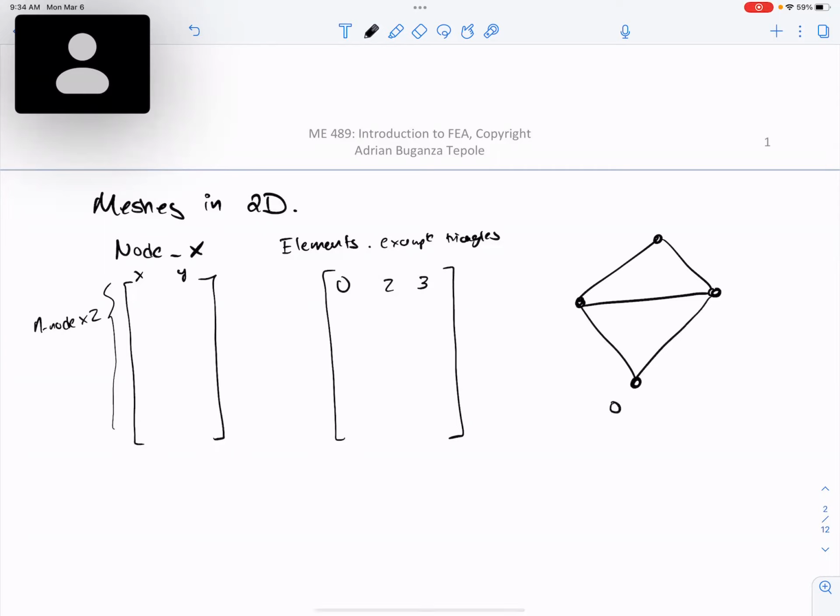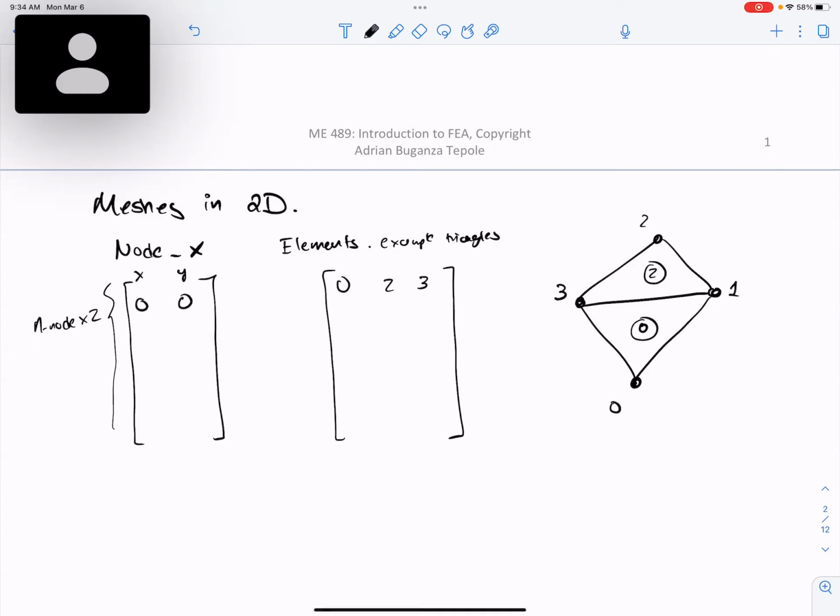Let's say the nodes are 0, 1, 2, 3, and this is element 0 and element 1. So there are 4 nodes, so the node X array would have 4 rows, and I'll randomly give some coordinates.